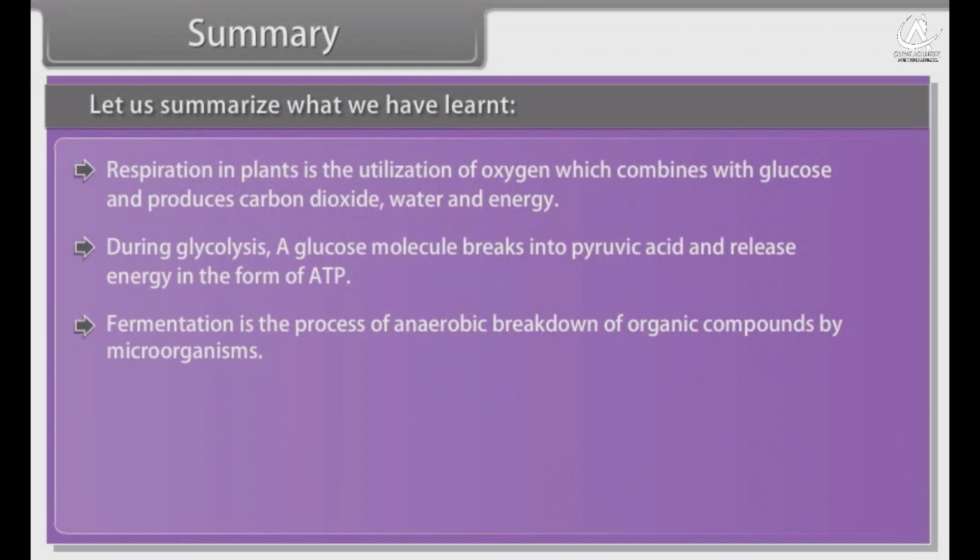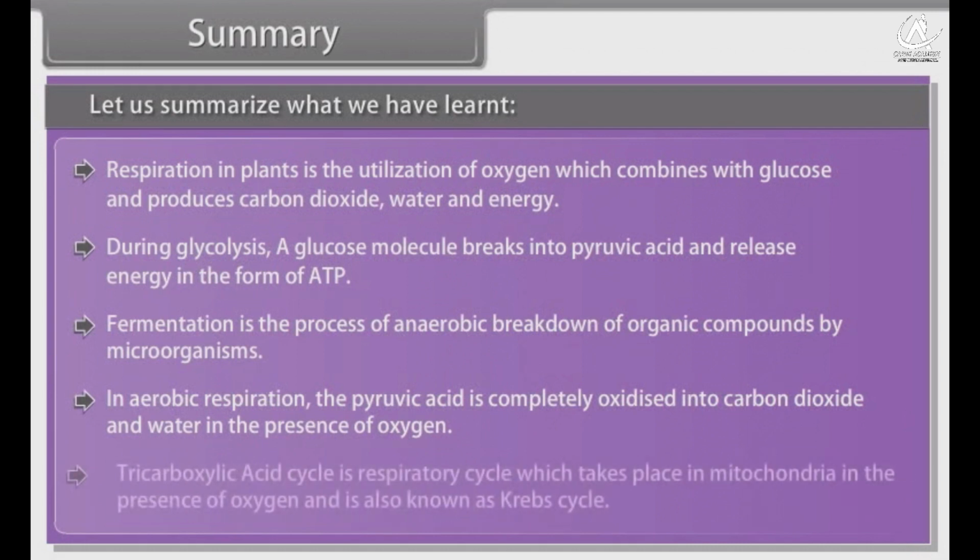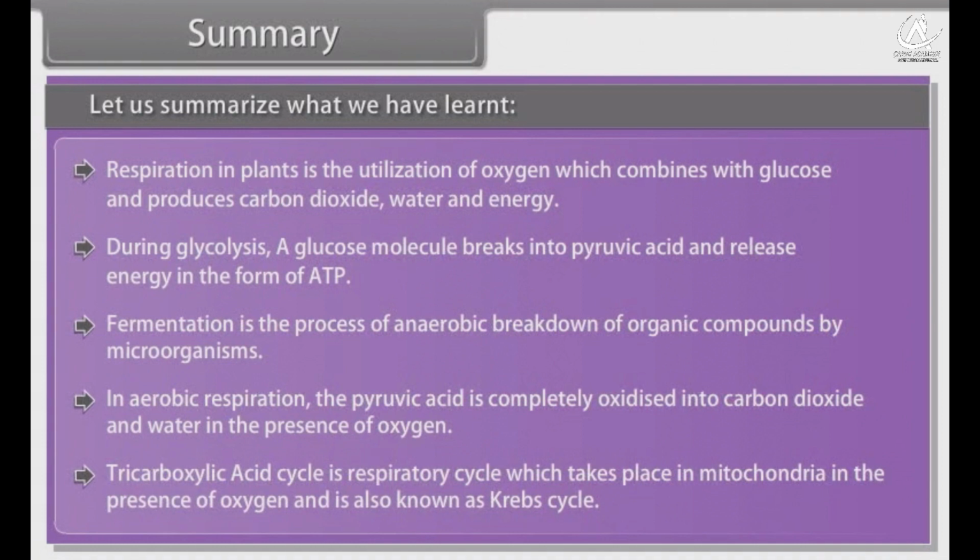Fermentation is the process of anaerobic breakdown of organic compounds by microorganisms. In aerobic respiration, the pyruvic acid is completely oxidized into carbon dioxide and water in the presence of oxygen. Tricarboxylic acid cycle is the respiratory cycle which takes place in mitochondria in the presence of oxygen and is also known as Krebs cycle.